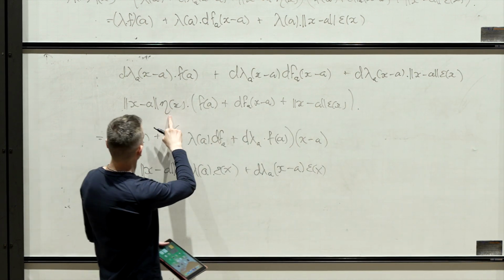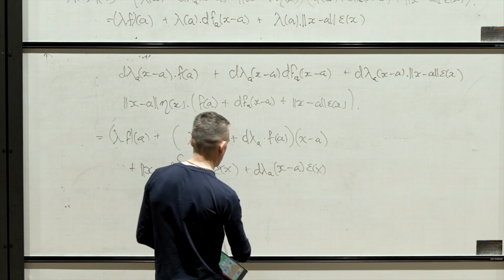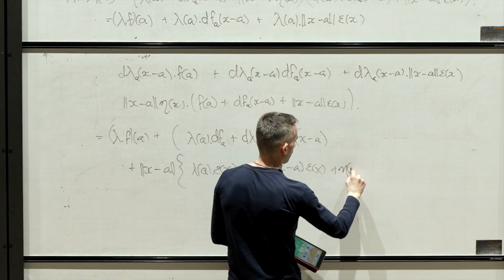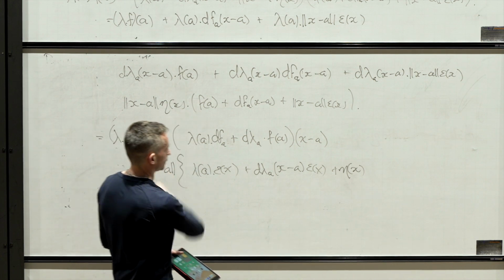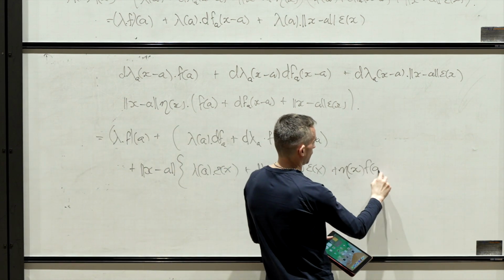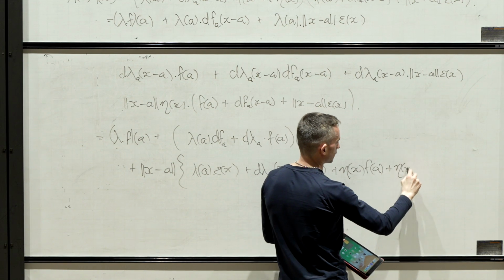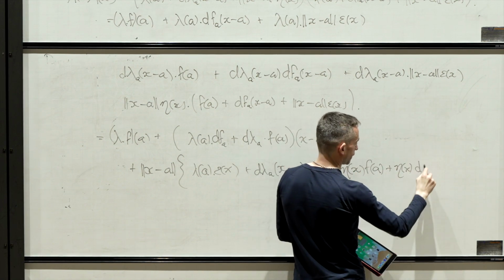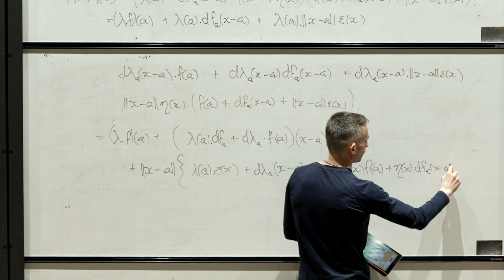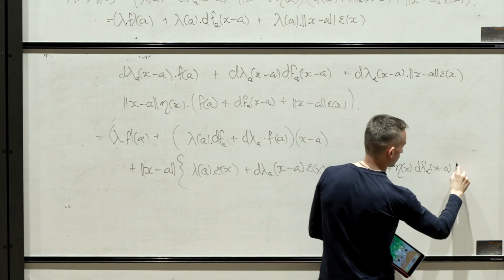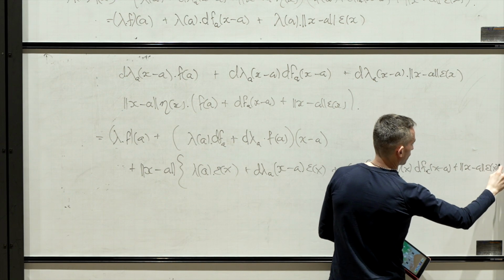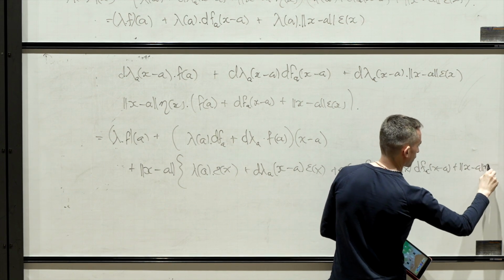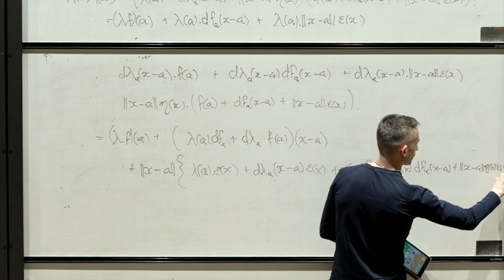And then we have, I guess, all of these terms, which is eta of x times f of a plus eta of x times df at a, and then eta of x epsilon of x.